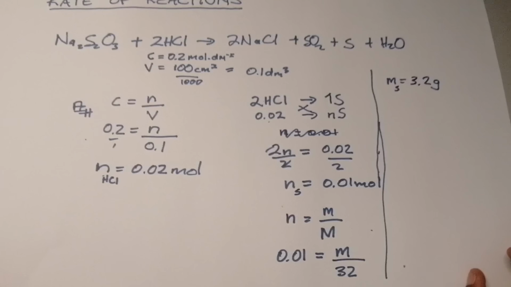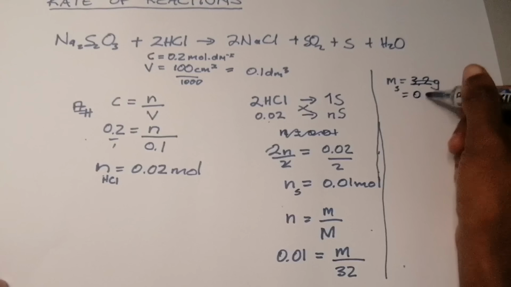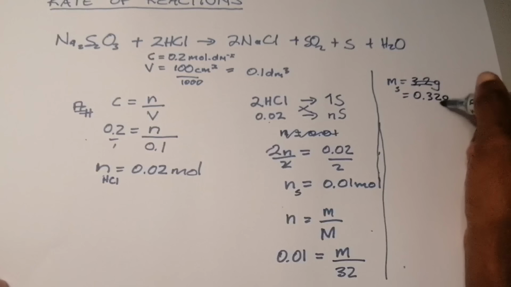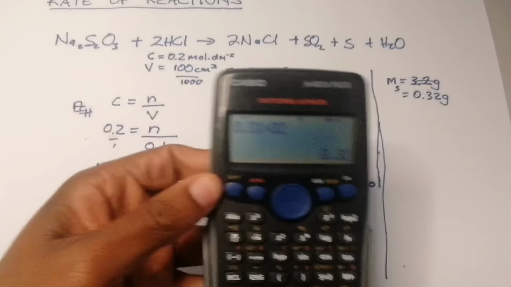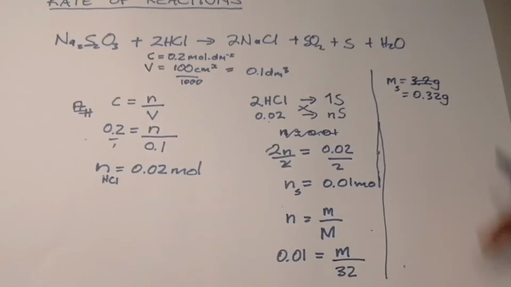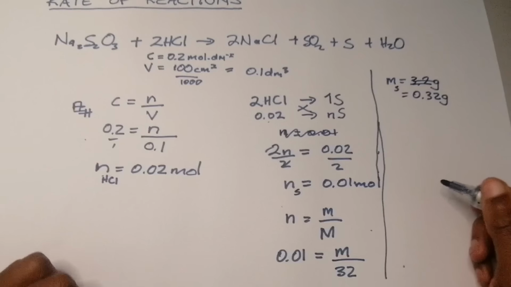Oh, sorry, I think I just made an error there. So this is 0.32 grams. 32 multiplied by that will give us 0.32. Let me just verify that. So 0.01 times 32, that's exactly what you get, 0.32. So that's 0.32 grams.